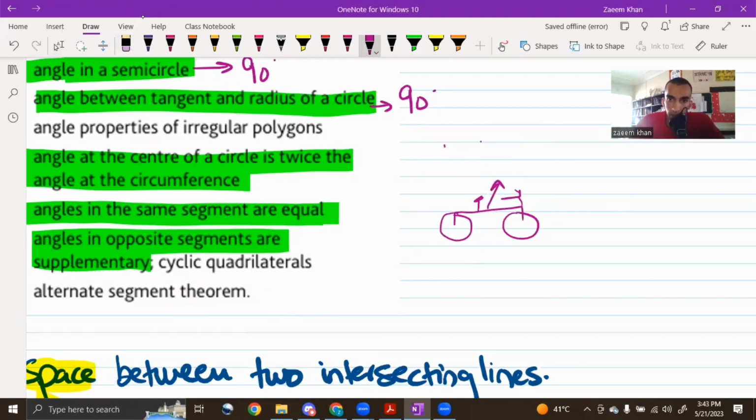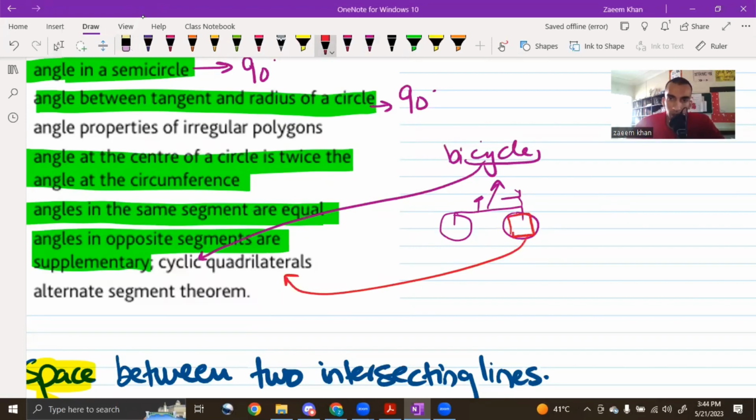This is a bicycle. The word cyclic comes from cycle, and if I were to fit a box inside its tire, it's going to be a quadrilateral. So cyclic quadrilateral. That's where the term comes from. Does that make sense?